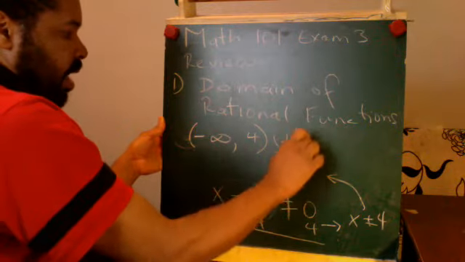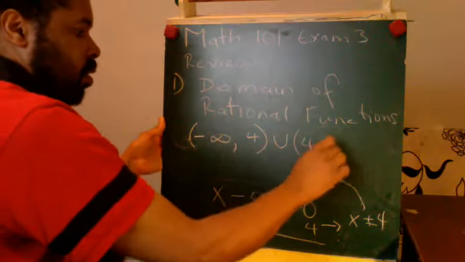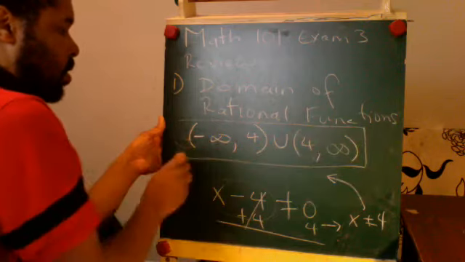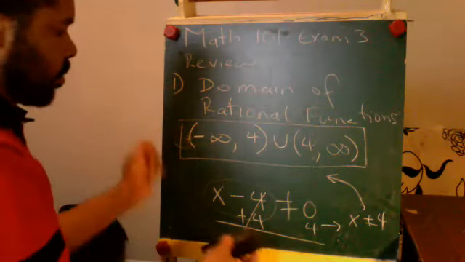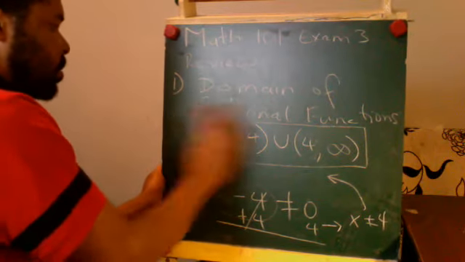And union with that, again you do not include 4, so you jump 4, and then you go from 4 to positive infinity. So that is the answer to this particular question. Just confirming, yes, that's correct.